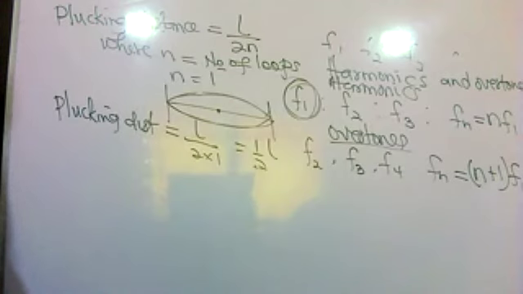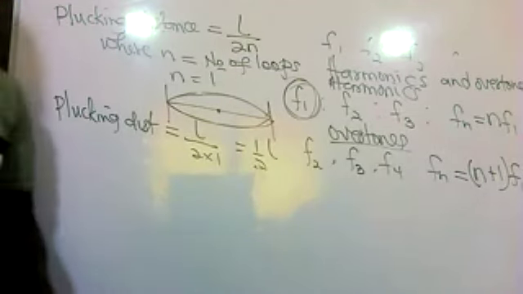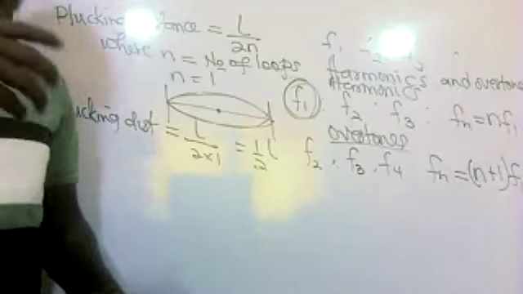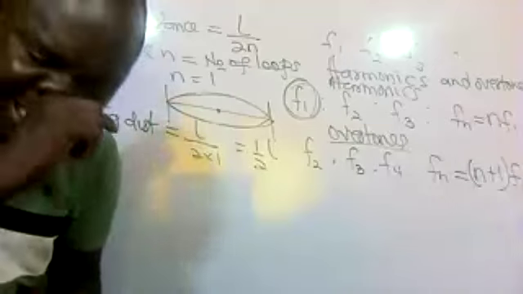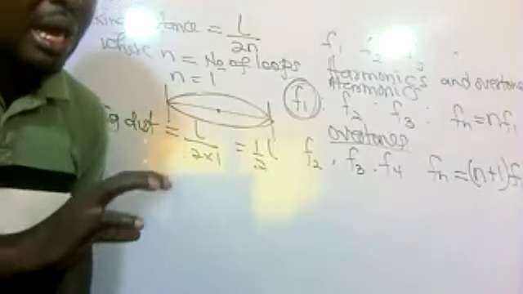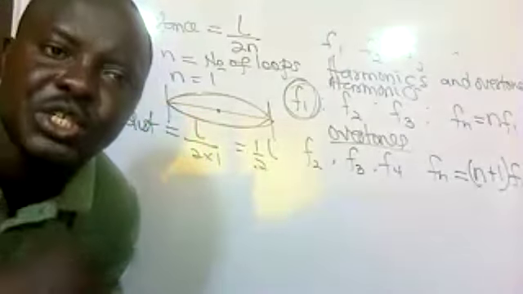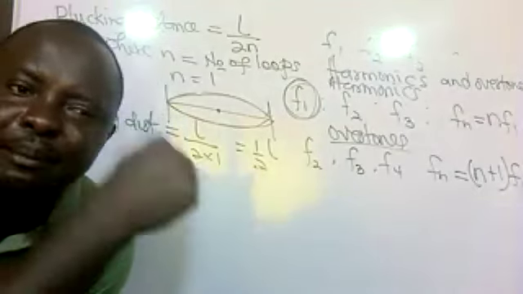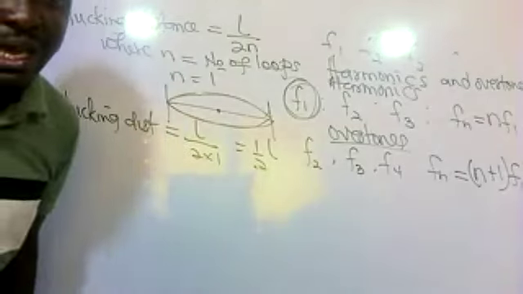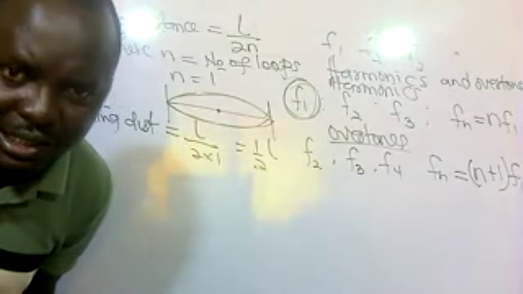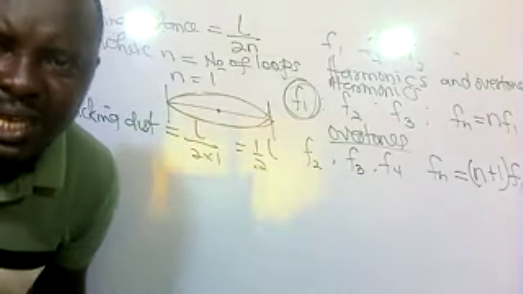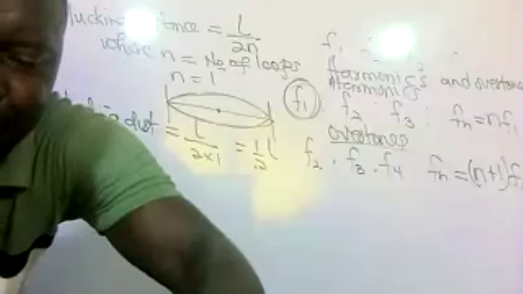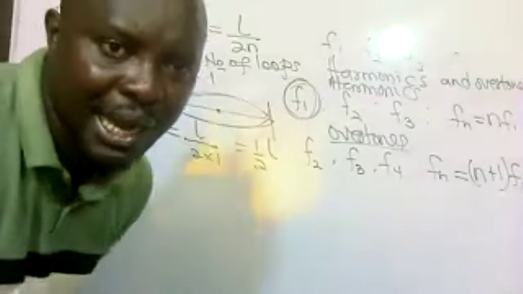You see, the overtones are no different from harmonics. We define the harmonics as a set of frequencies which represents the integral multiple of the fundamental frequency. What do we mean by integral multiple?